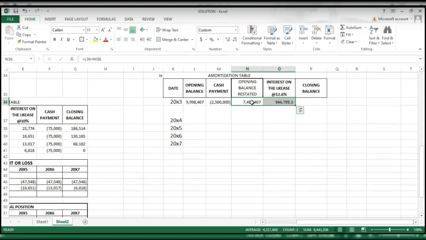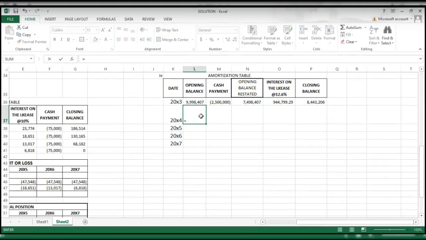See, that's why payment in advance is different from what we have been computing. And so this becomes the opening balance, and then the payment is made again at the beginning. It's a payment in advance.